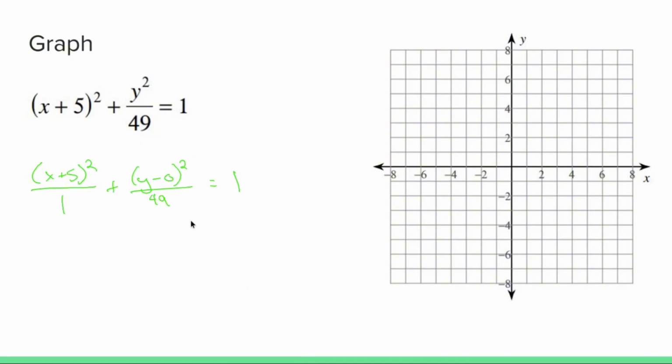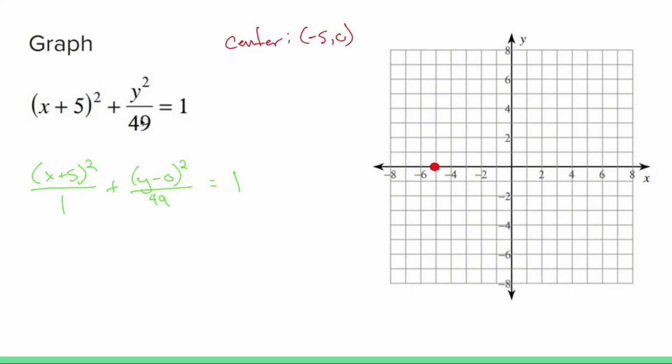Yes, this is an ellipse. Now, we have our larger number living underneath the y part. Even before that, I noticed that I'm adding something to x, so my center is going to be not at 0, 0, but at -5, 0.